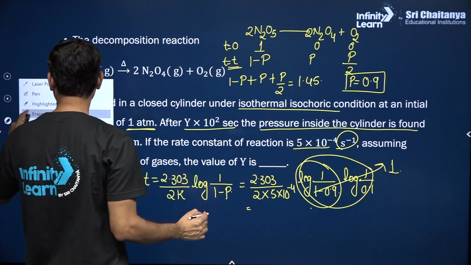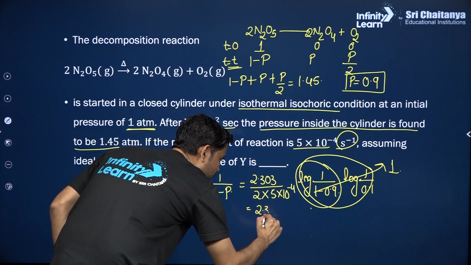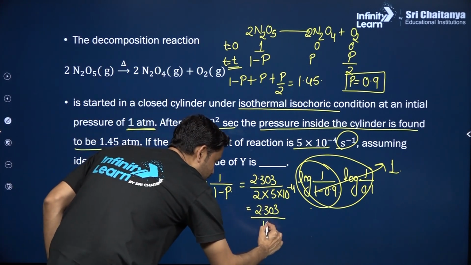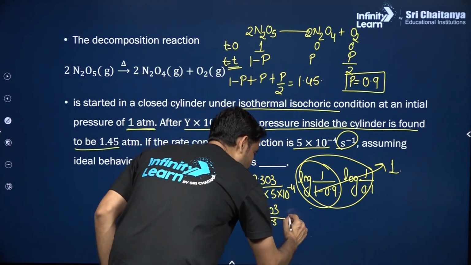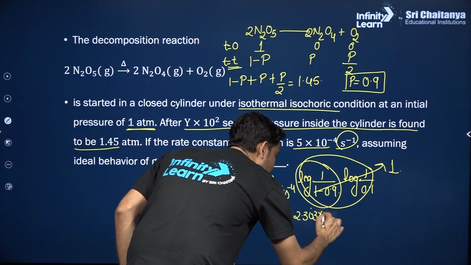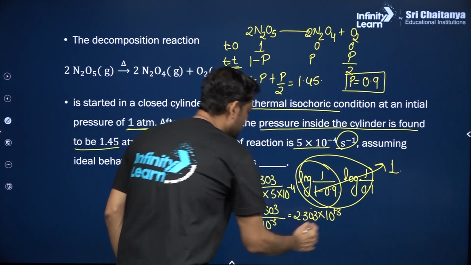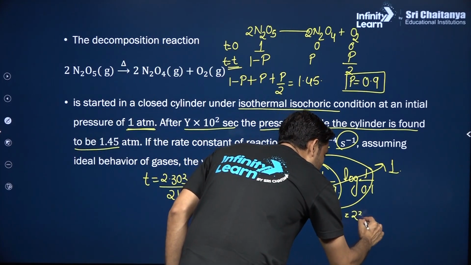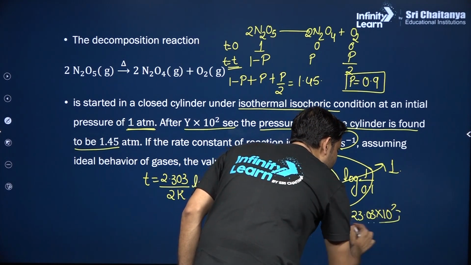So what we have left over here is 2.303, this will be 5 2s are 10, and this is 10 raised to minus 3. Minus 3 gone up becomes plus 3, so it will be 2.303 into 10 raised to plus 3, and that is equal to 23.03 into 10 raised to 2.